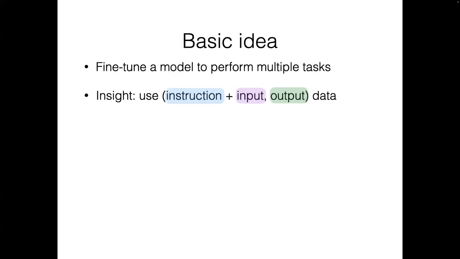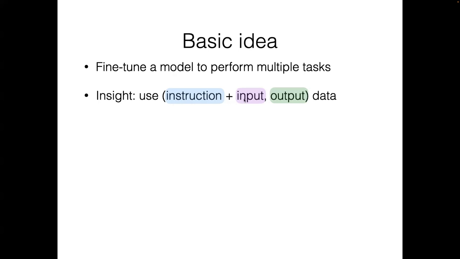Here the basic idea is to use this trick, which is we want to fine-tune a model to perform multiple tasks. The insight is that many tasks in natural language processing can be formulated as follows. We have some instruction that describes what the task is.